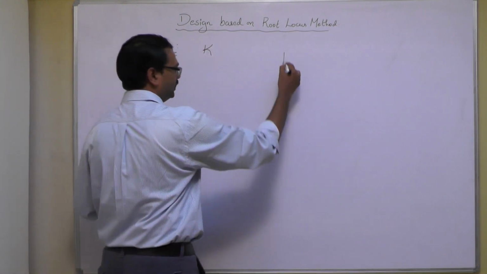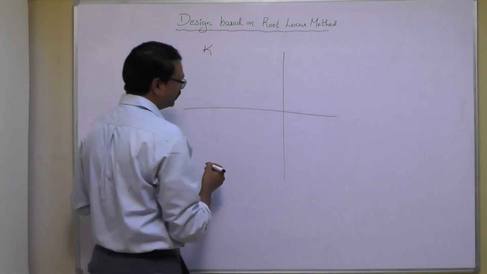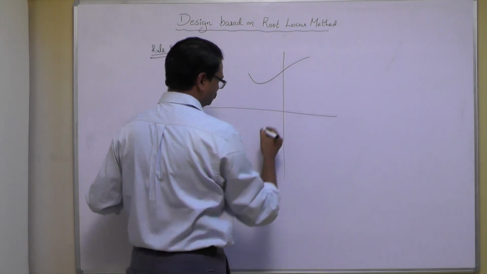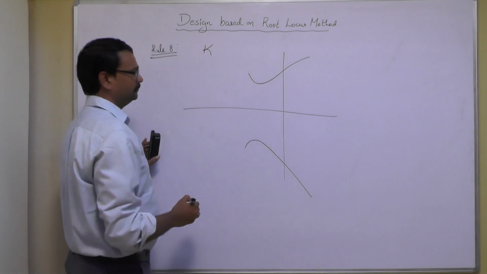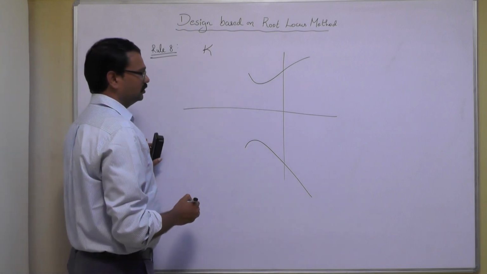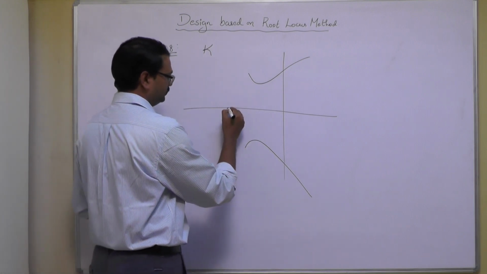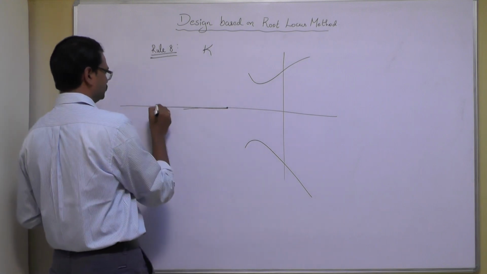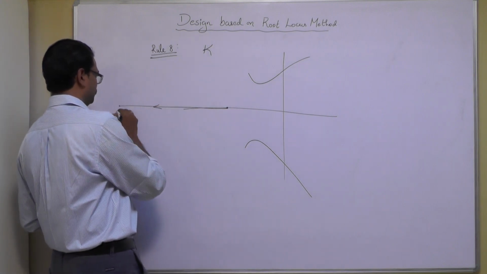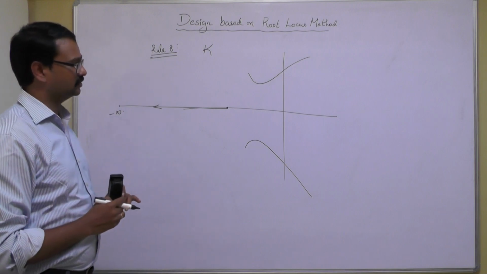For example, if you are having your root locus like this, any root locus of this form, going up to infinity. Okay, this is my root locus.